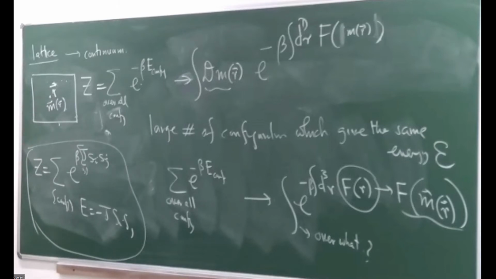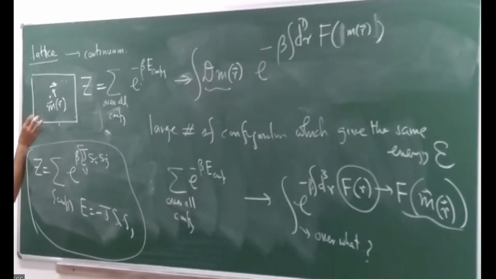If it is just the Ising model, spin up or spin down, then the magnetization will be a scalar. What corresponds to an Ising model over here, spin up, spin down, corresponds to this magnetization having only values where it is a scalar, so it has no direction.